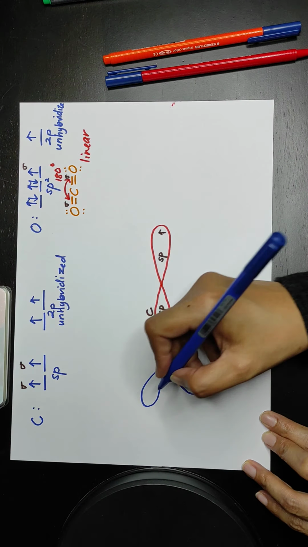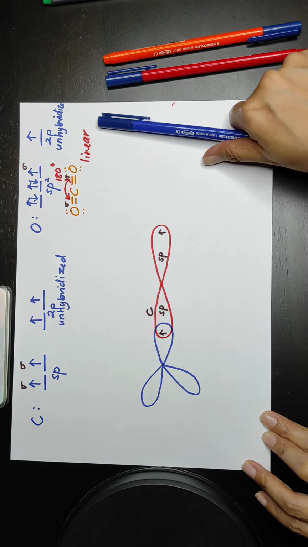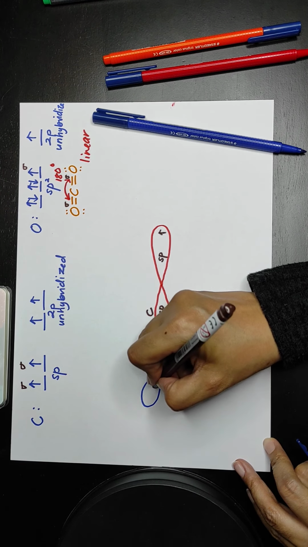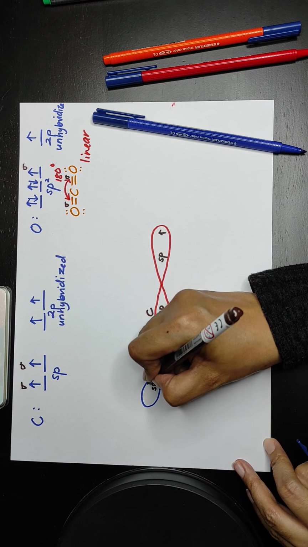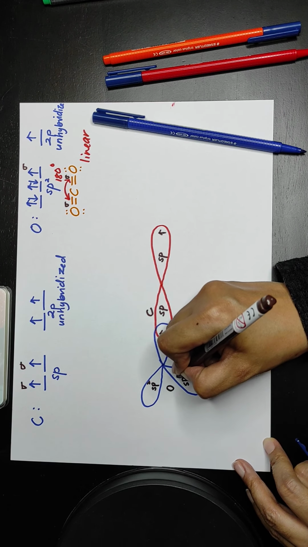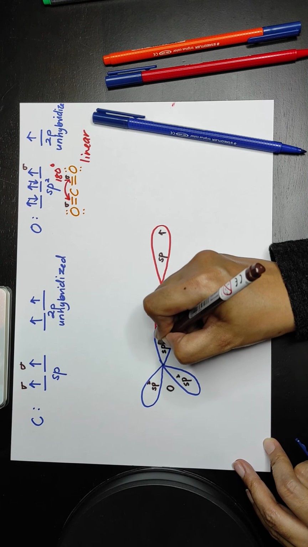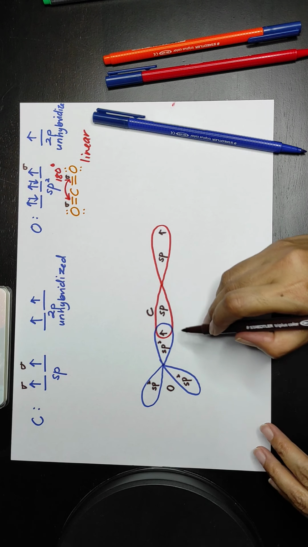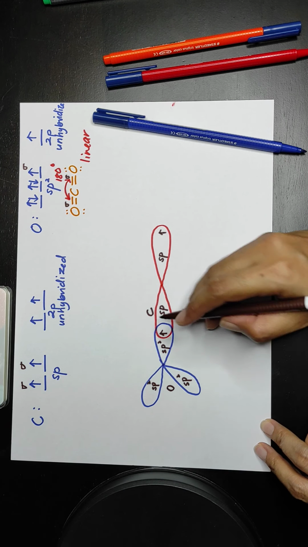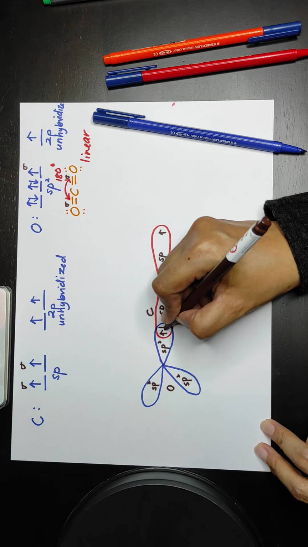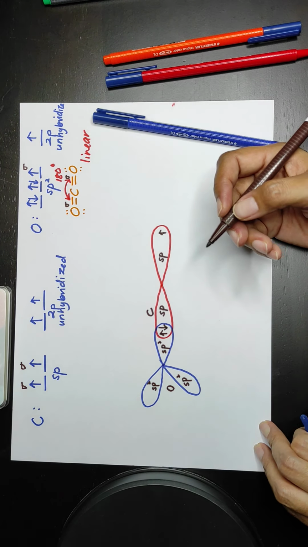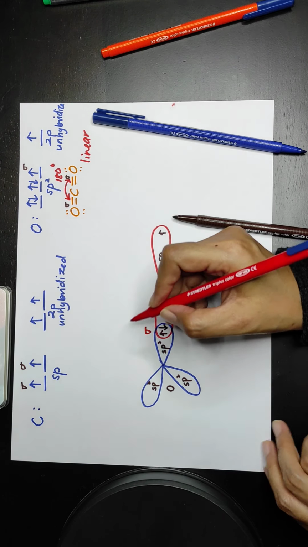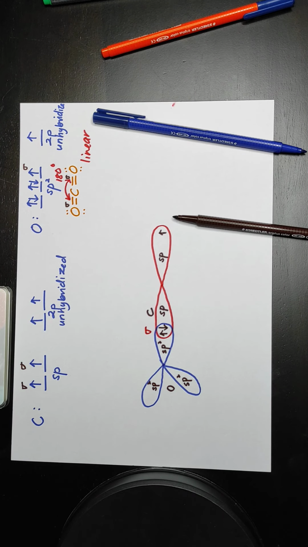Let me label it here. Let's say oxygen, and these are the sp2 hybrid orbitals of oxygen. 3 sp2 hybrid orbitals of oxygen, and in the overlap region there are shared electrons with opposite spin. So now the first sigma bond is formed.